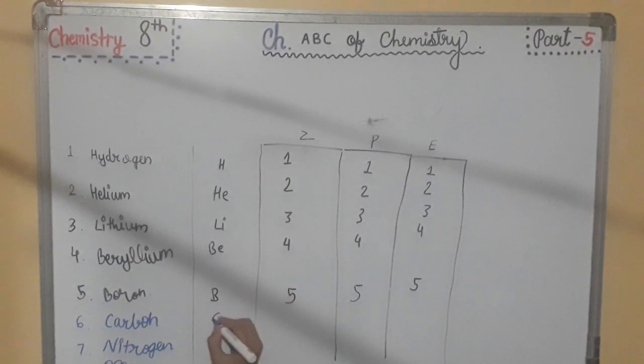Carbon symbol is C, nitrogen symbol is N, and oxygen symbol is O. Atomic number of carbon is 6, atomic number of nitrogen is 7, atomic number of oxygen is 8.